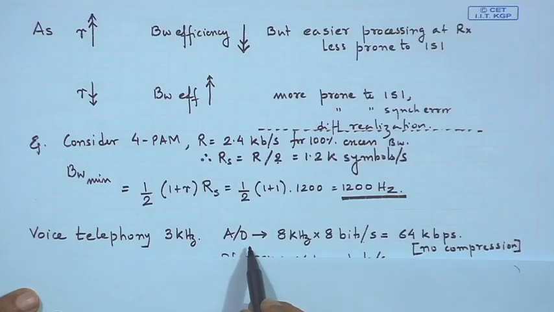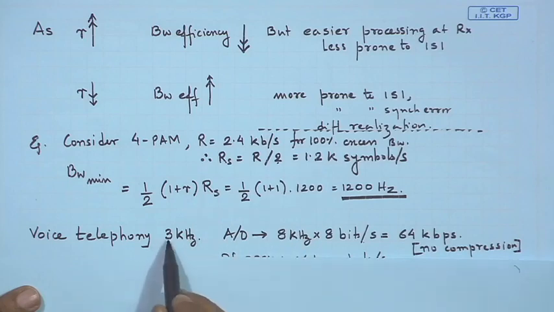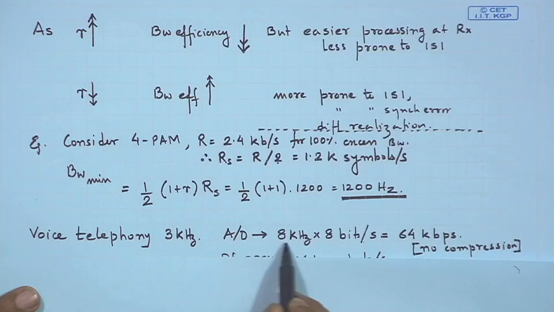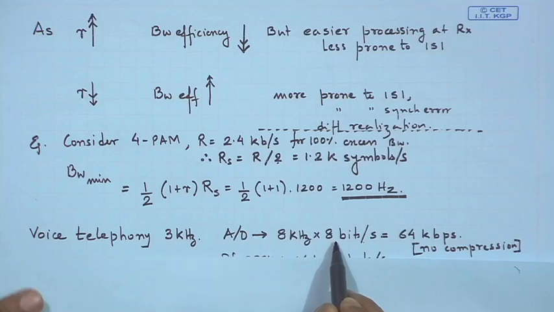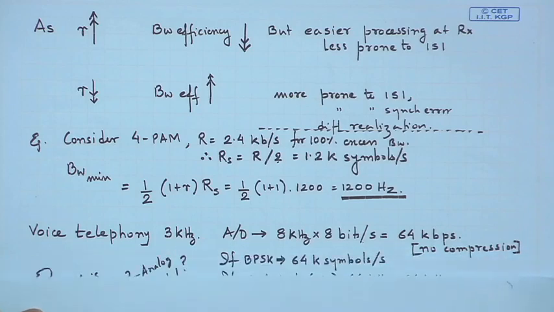If we do digital communication, we will first sample it and convert to a sample sequence at 8 kilohertz, because more than twice 3 is 6, which gives 8. Each sample, if it is encoded into 8 bits, we have 64 kilobits per second without any compression.